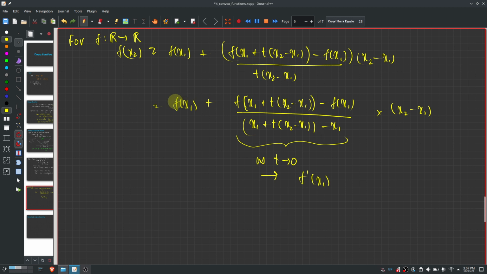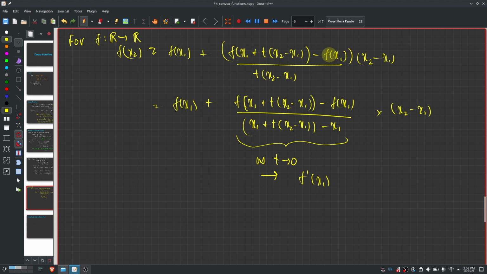I get the derivative of f evaluated at x1 times (x2 minus x1). But for functions in Rn, a higher dimensional space, I can't just multiply and divide by x2 minus x1. That's not allowed. But essentially the same thing holds.